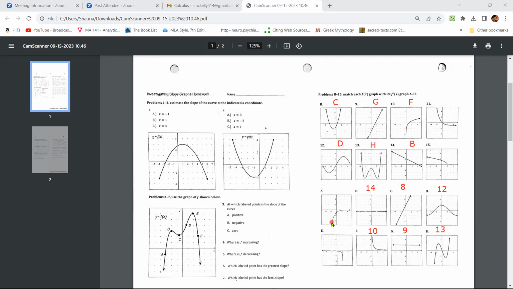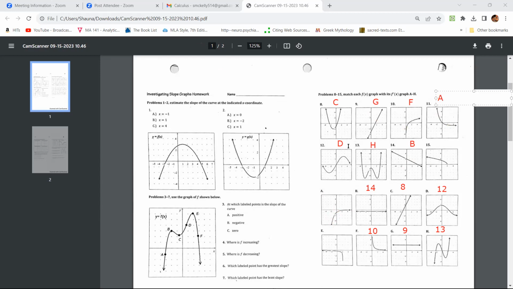Then we're going to get close to zero around one, and then we're going to have a zero slope that kind of stays for a while. It's going to be A. This number 11 is going to be A.